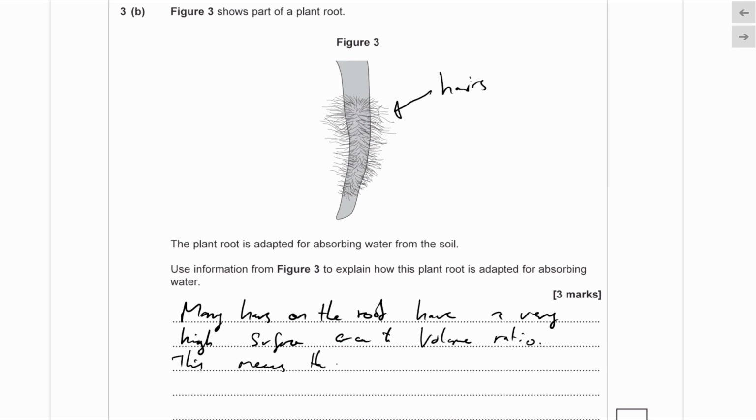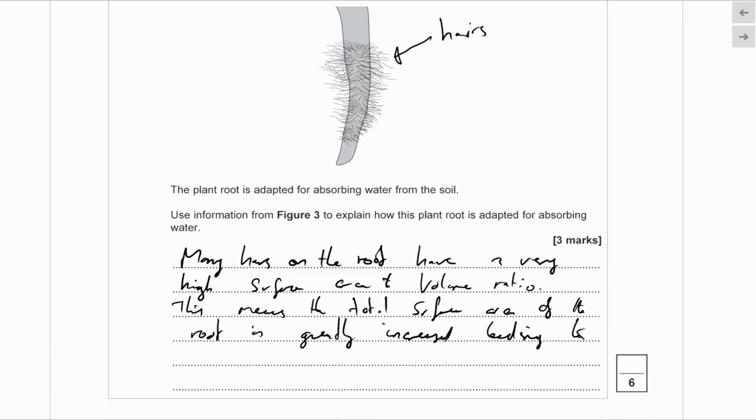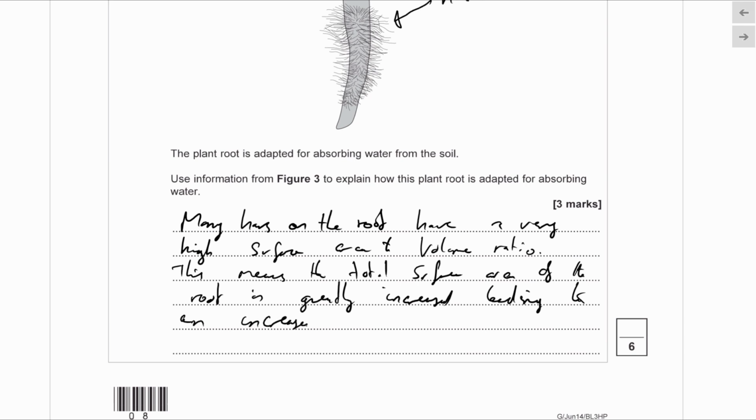This means the total surface area of the root is greatly increased, leading to an increased rate of osmosis. You could also talk about diffusion there, because it would be the same if we were talking about anything apart from water. But the fact you've got a very high surface area, which means that you've got a short path for the water to get into the root, means that we have a high rate of osmosis, and that is more than enough for 3 marks. And that is the end of question 3.